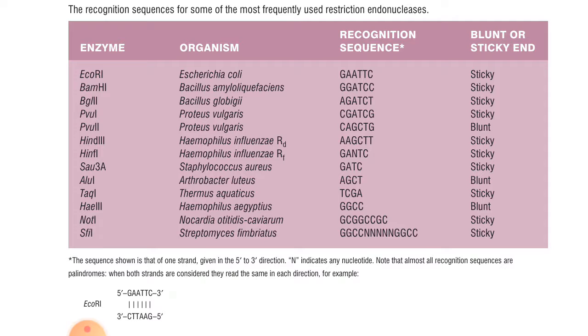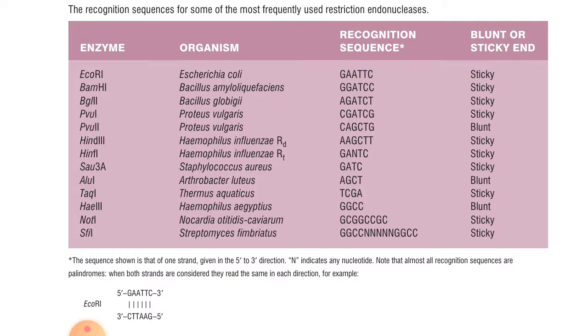The enzyme EcoRI comes from the bacteria Escherichia coli. Its recognition sequence is GAATTC. They cut at this particular sequence only. Like TaqI, which comes from the bacteria Thermus aquaticus. Its recognition sequence is TCGA.